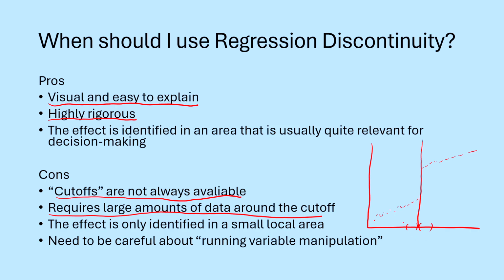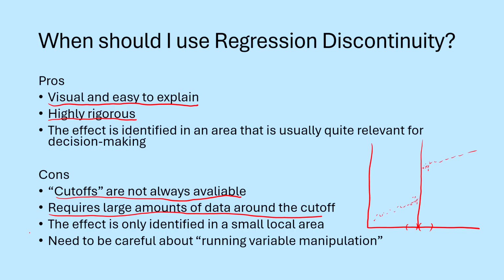But remember from when we were talking about effective observations on the left and effective observations on the right, the smaller that I make that bandwidth, the fewer the observations right here that I'm going to have access to. And so in order to do the regression discontinuity method accurately, you're going to need large amounts of data right around the cutoff.